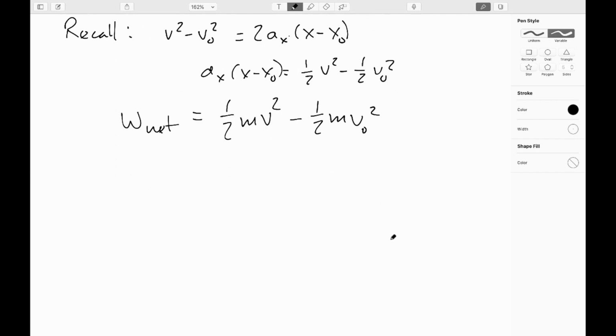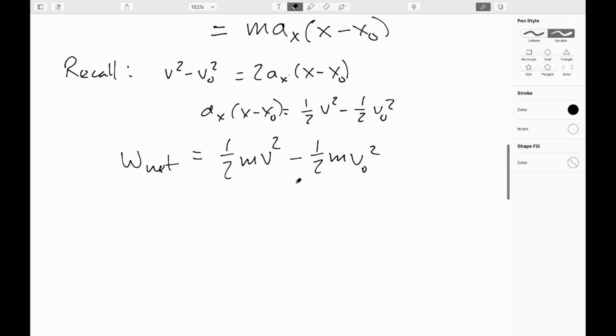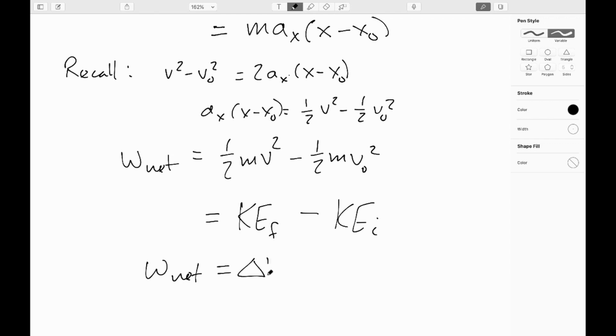And we recall from the previous video that this is what we found to be the kinetic energy. So we will define this to be the final kinetic energy and this to be the initial kinetic energy. So we can write that the net work done on an object is equal to the change in the object's kinetic energy.